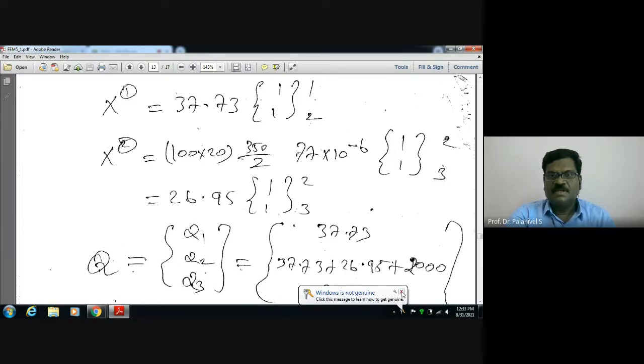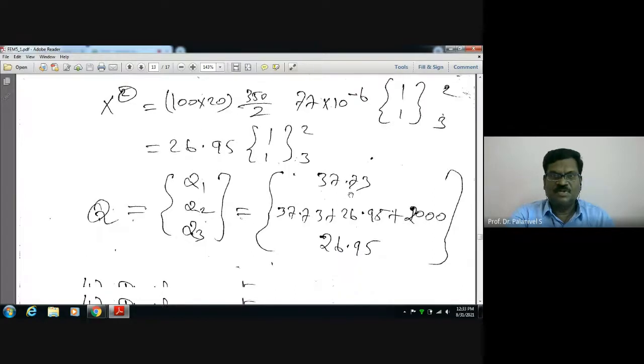The degrees of freedom 2 3 are written here, giving 26.95. The nodal force vector is Q equal to Q1, Q2, Q3.